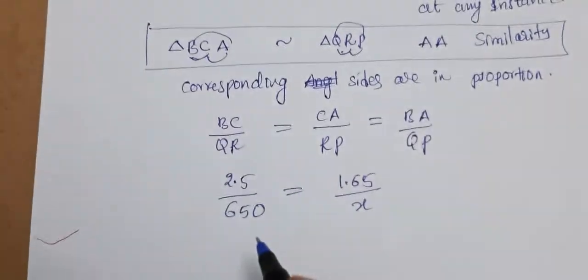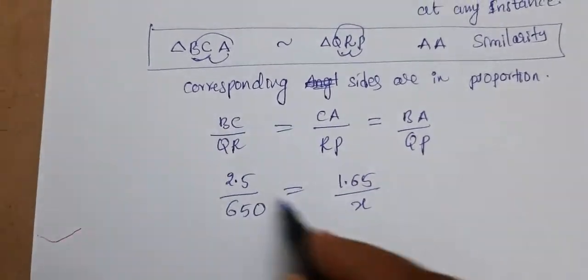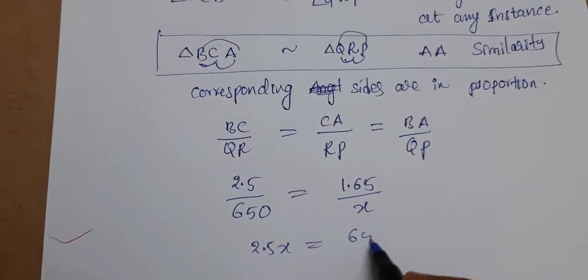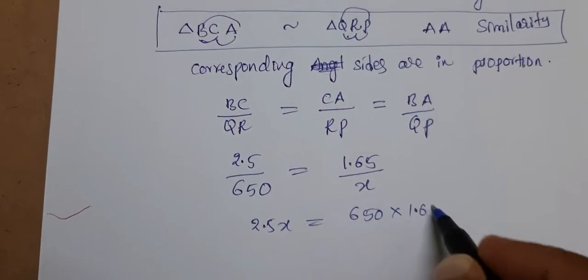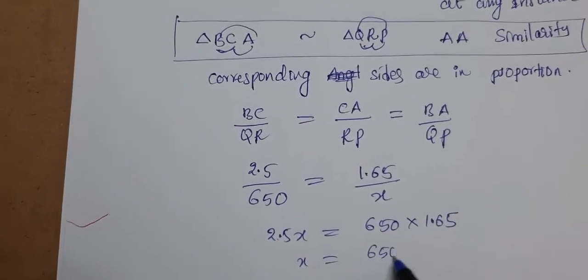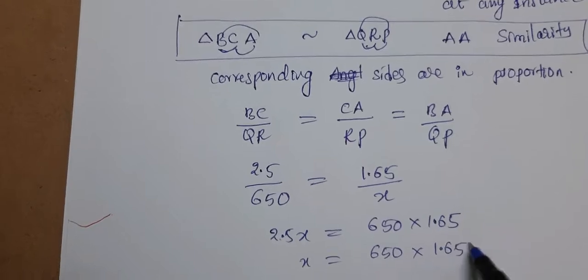Now see, go with the cross multiplication method. So 2.5 into X equals 650 into 1.65 meters. Then X equals 650 into 1.65 by 2.5.